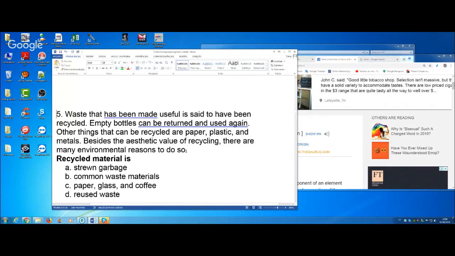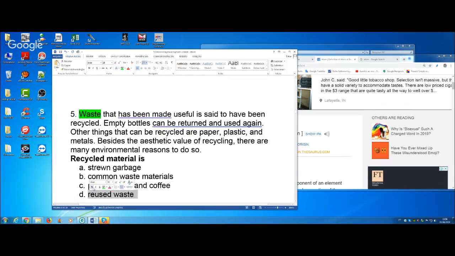Recycled material is... waste that has been made useful is said to have been recycled. So if you reuse it, it is no longer waste.